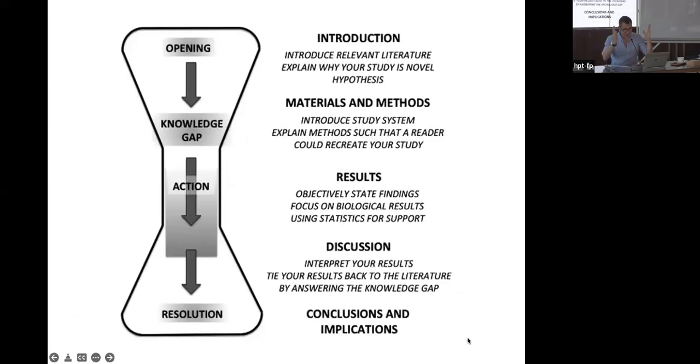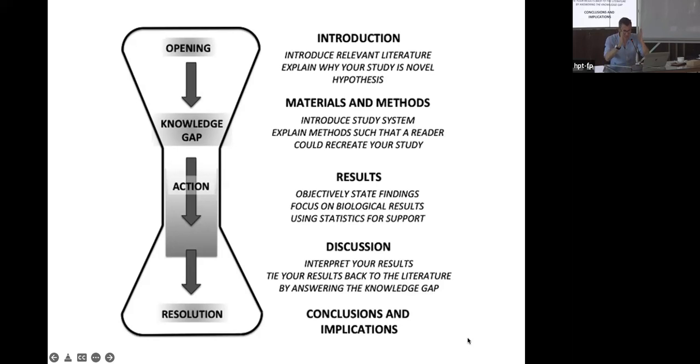So you have this funnel shape. You start quite wide, presenting or framing your research in something that is of interest to a wider audience. Then you go down to define what is not known and what your particular research is going to be about.